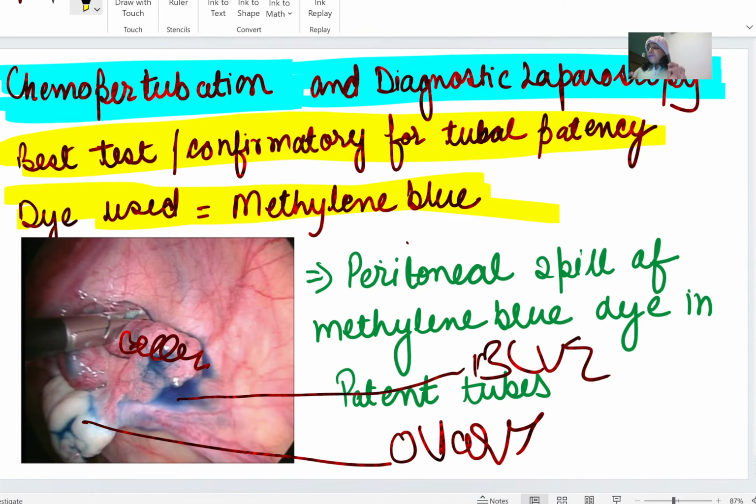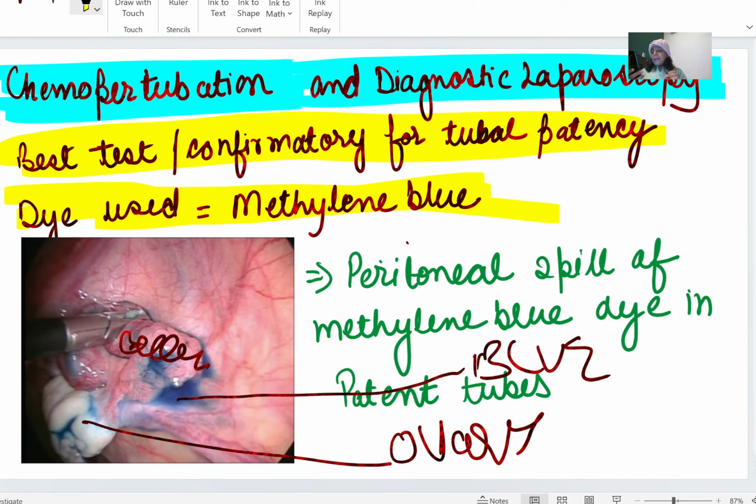When will we say the tubes are patent? Once they asked in FMG whether we see the peritoneal spill by hysteroscope or laparoscope. We always see the peritoneal spill by laparoscope, because once the dye comes out of the fimbria, it is in the peritoneal cavity.